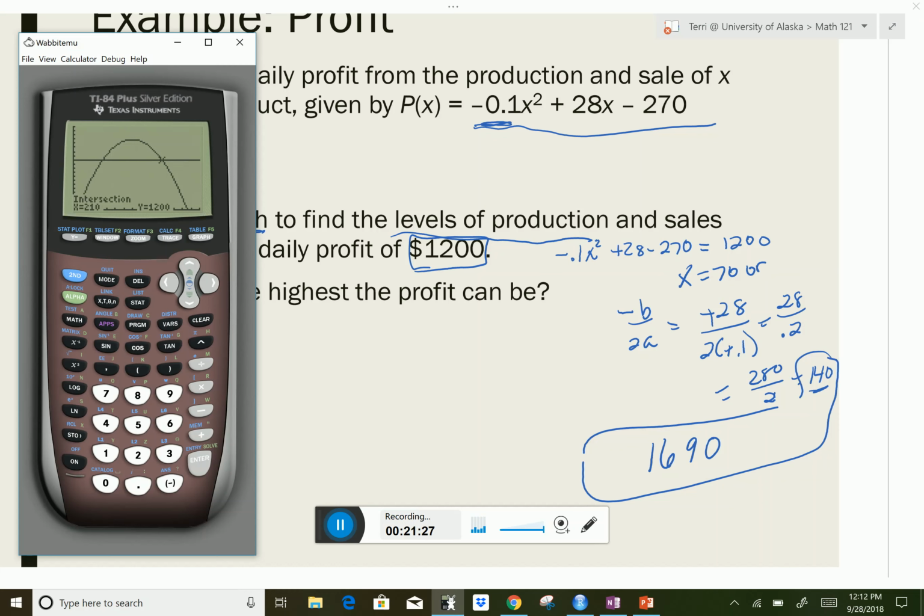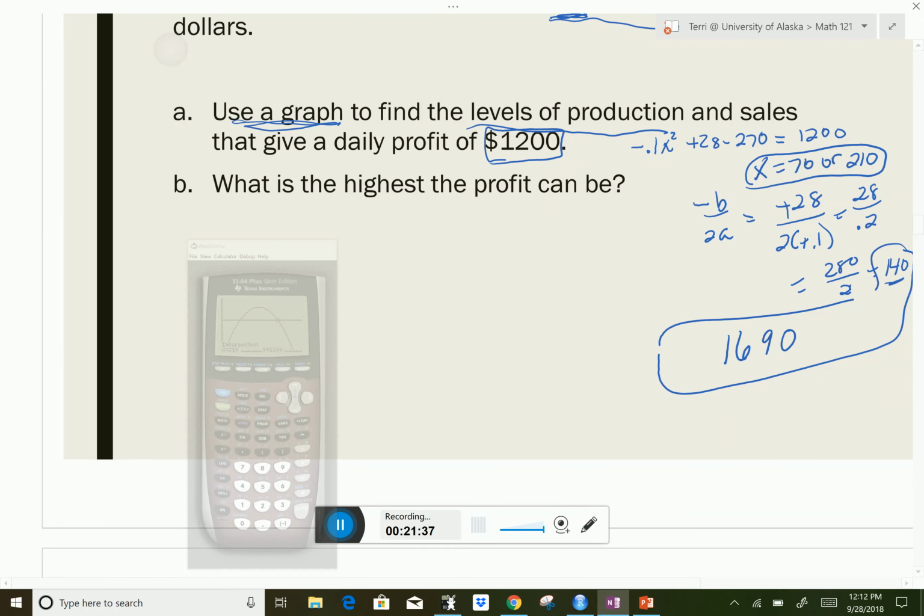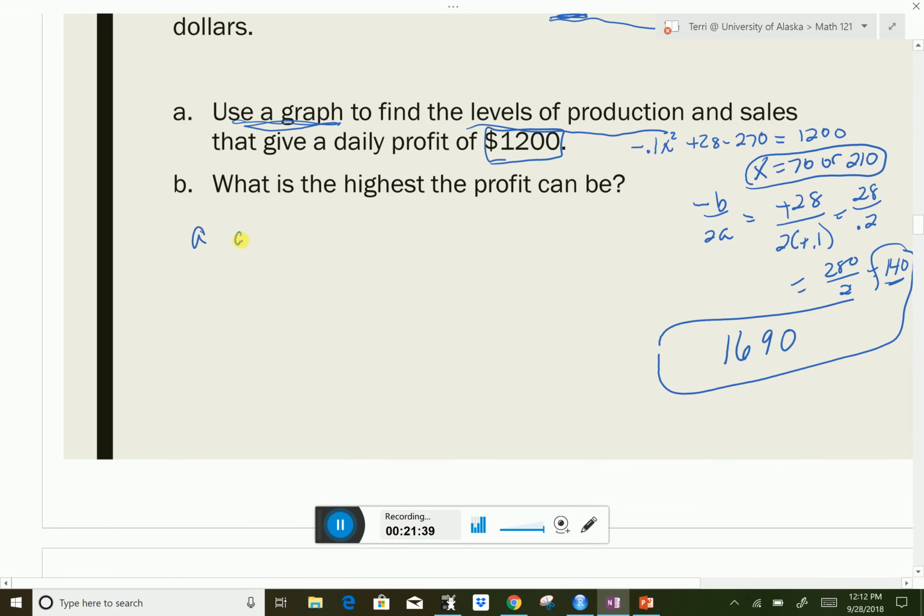And now my guess is 210. So we'll notice that it hits there 2 times. And this is units. So A happens at 70 or 210 units. So it happens twice. There are 2 levels of production and sales that give that daily profit.